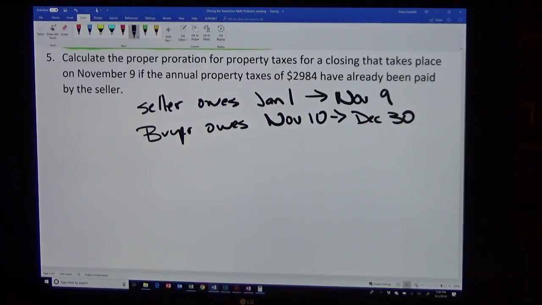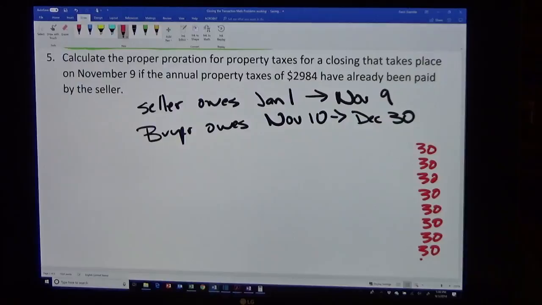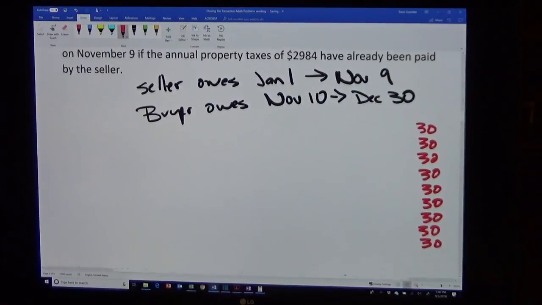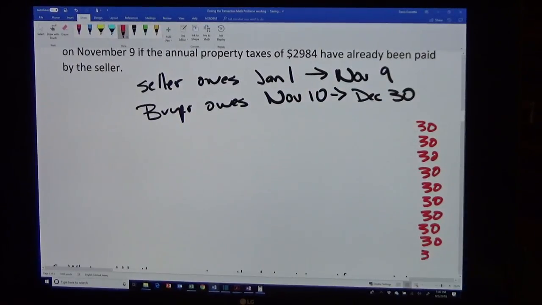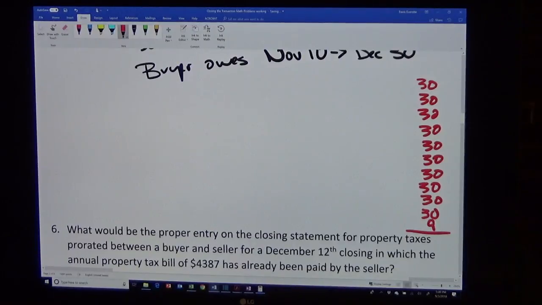Okay, so let's figure the seller side here. Seller owes for all of January, February, March, April, May, June, July, August, September, October, and then 9 days in November. And so that's 1, 2, 3, 4, 5, 6, 7, 8, 9, 10 months times 30 days is 300, plus 9.